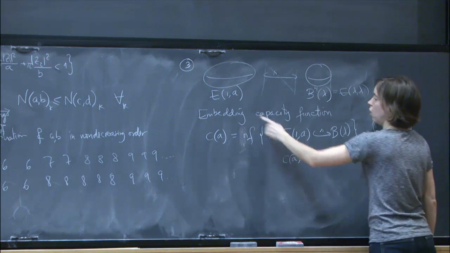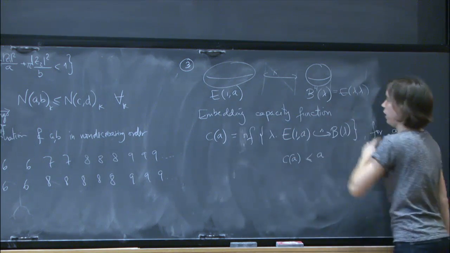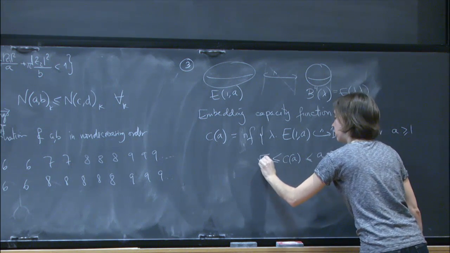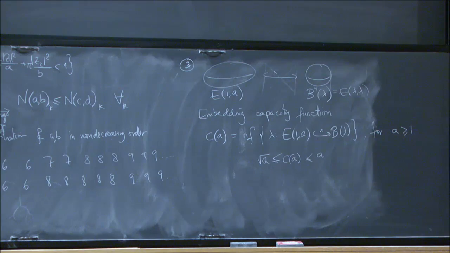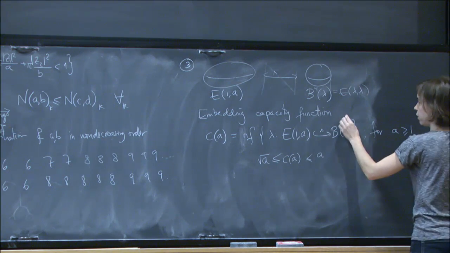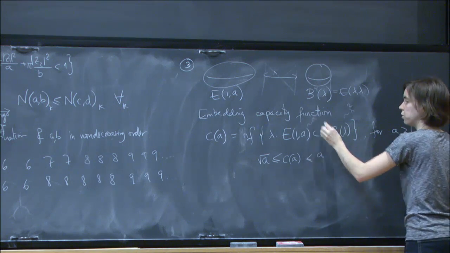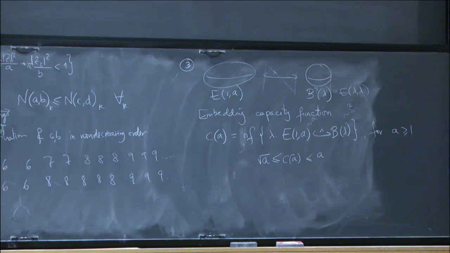Because I can always just include E1A into the ball of radius A, and a little bit more interestingly, always bigger than or equal to the square root of A. And that's because this has a volume on the order of lambda squared, and this has a volume on the order of A. And the constants, the pi's, work out.